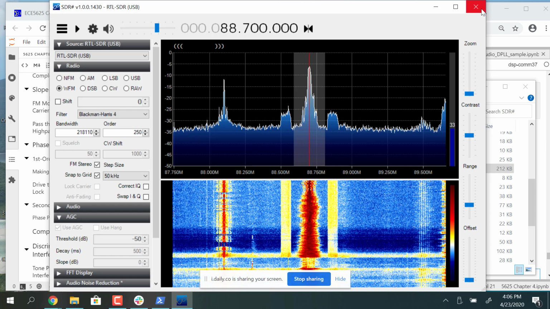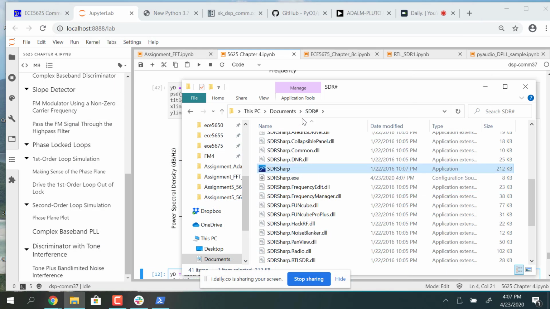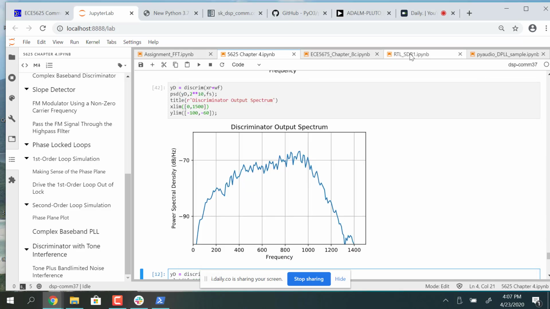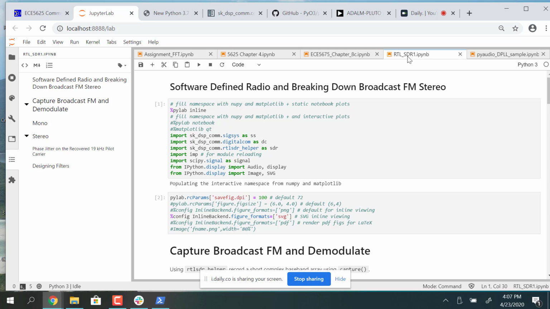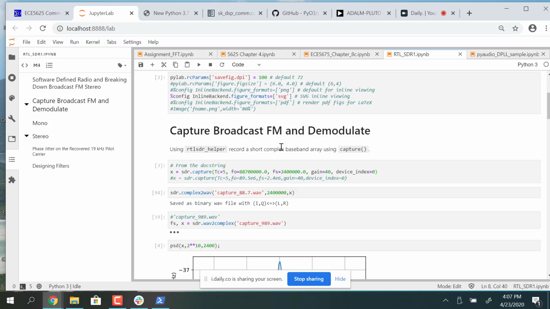But we can then bring this closer to home so we can get inside that signal. And I wanted to point something out to you, but it's closing, so I'm going to show it to you in Python. So I have a notebook over here, the RTL SDR1 demo notebook. In this notebook, I've loaded in another part of Scikit DSP.com called the RTL SDR helper, which interfaces to this radio device in particular with its drivers.